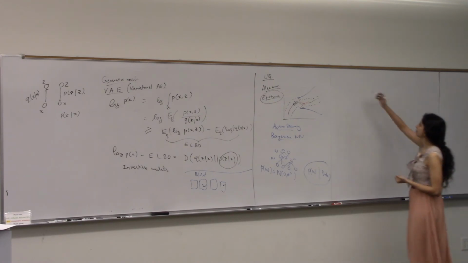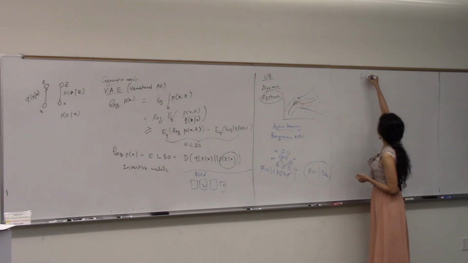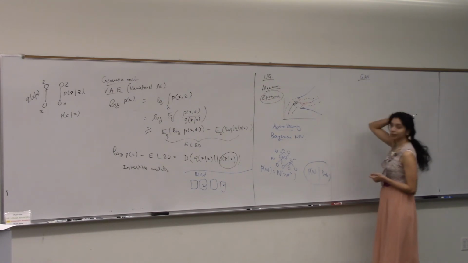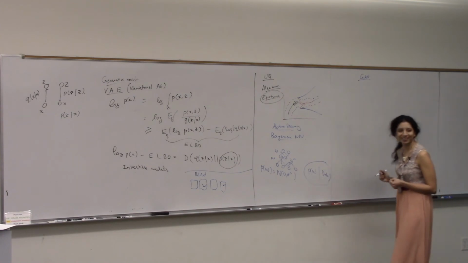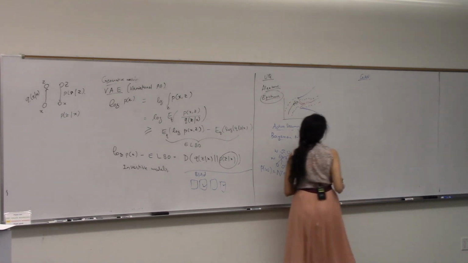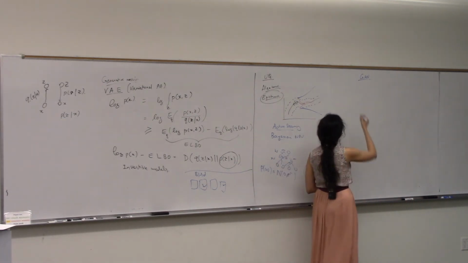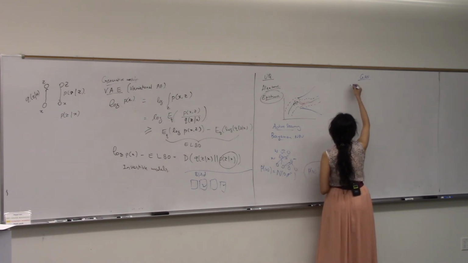And so GAN, or generative adversarial networks, I guess probably all of you have seen it. It's impossible to miss. The main idea is there is a generator and there is a discriminator. The generator generates fake images.